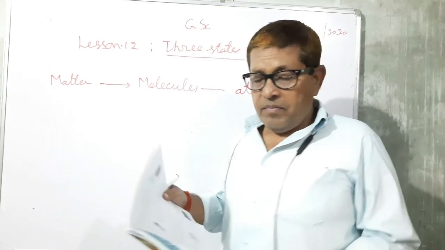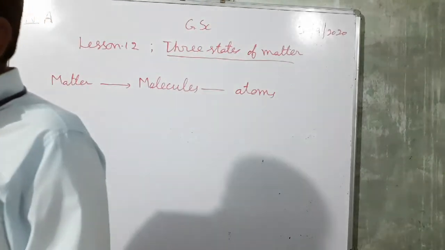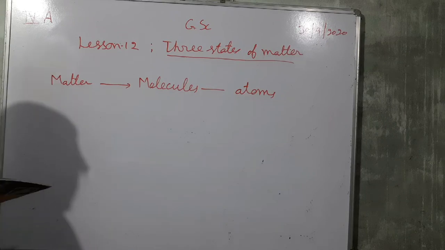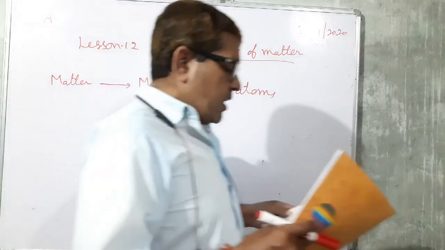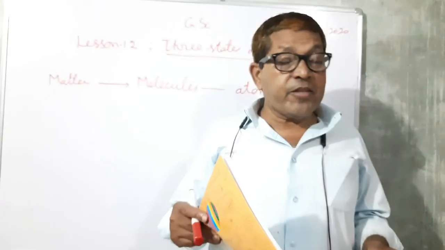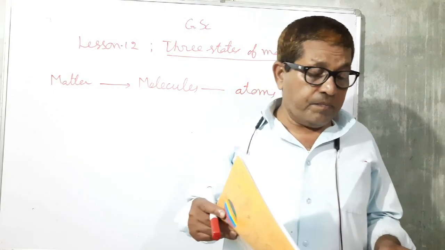Matter is anything that has weight or mass and occupies space. Everything around us is made up of matter: stone, wood, milk, water, petrol, oxygen, carbon dioxide, and smoke are some examples of matter.